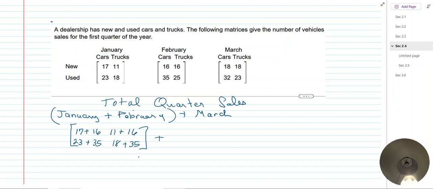All right, plus that last month: 18, 18, 32, 23. Right. So this becomes 33 and 27. This becomes 58 and 53.